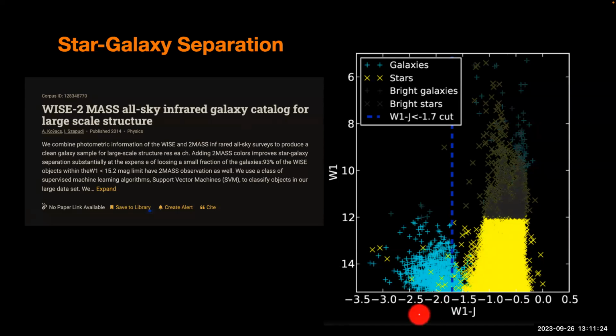So this is a pretty typical example. You can see that in many cases, you would not expect the classes to linearly separate in the feature space. But if you have some domain knowledge, then you might be able to find the features that will separate things quite nicely in the linear space. For example here, in order to separate the star from the galaxy, a very useful color index to use is the WISE color minus the 2MASS color.